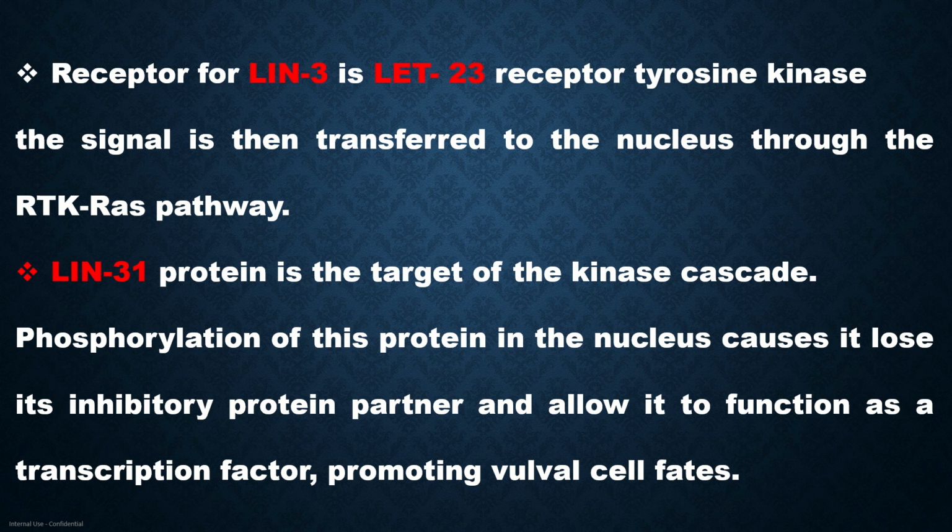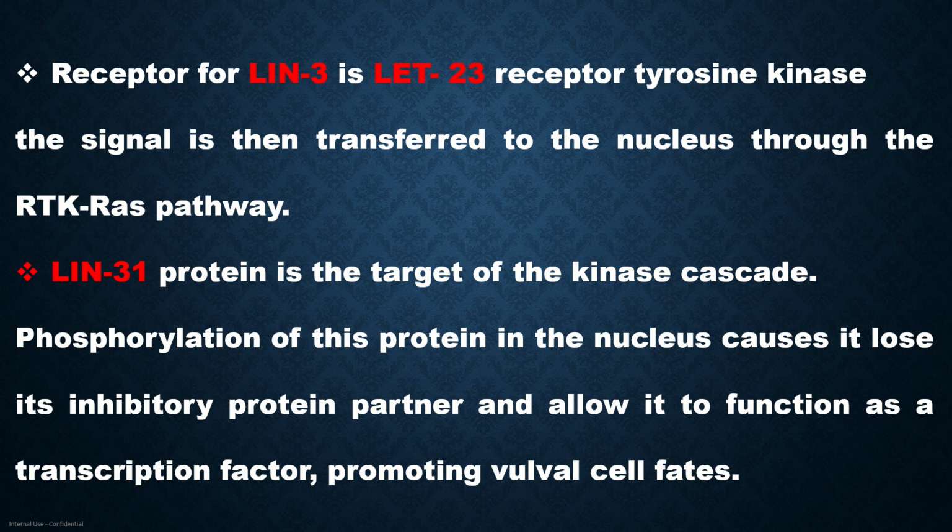Phosphorylation of this protein in the nucleus causes it to lose its inhibitory protein partner and allows it to function as a transcription factor promoting vulval cell fates. So, if any of these three signals, be it Lin3, Let23, or Lin31, are blocked, no vulva will develop.